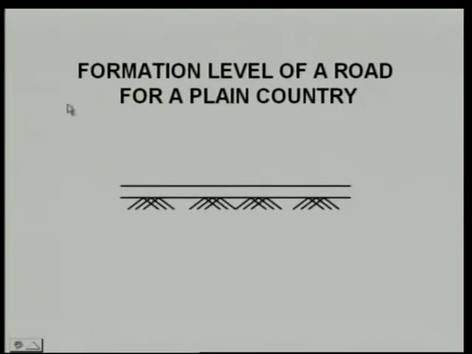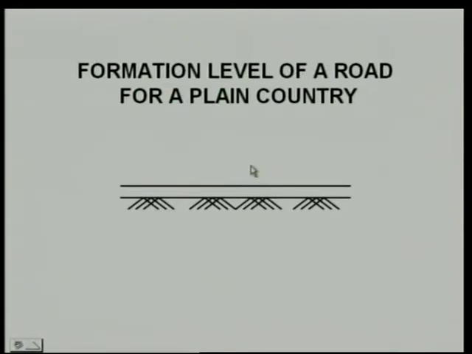Now, let us see the formation level of a road for plain countries. For a plain country, this is the ground level, which is horizontal. And this is the formation level, which is considered to be plane in case of plain countries, that is, it is a level with no cross slope.